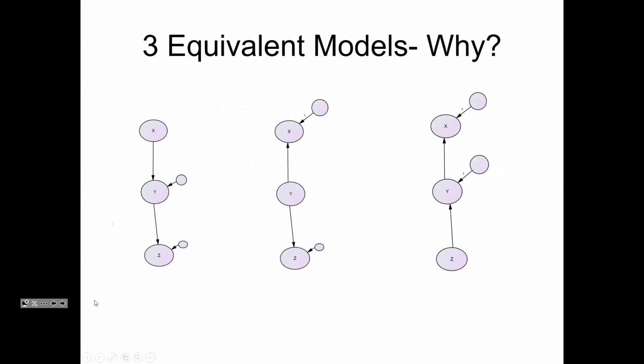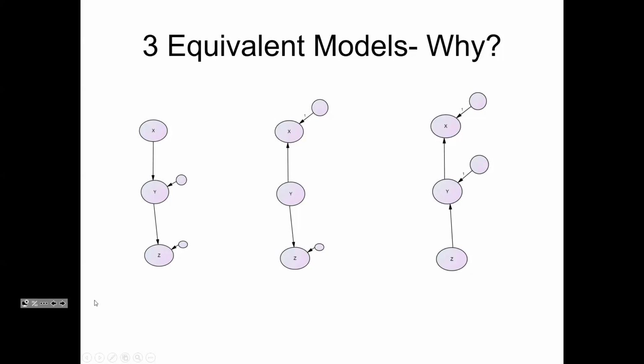They all suggest different things conceptually. You could imagine if this were your data, the first model is saying it's a total mediation model. X predicts Y and Y predicts Z. After controlling for Y, though, there's no direct path of X on Z. So Y completely mediates the effect of X on Z. Well, that sounds great, right?